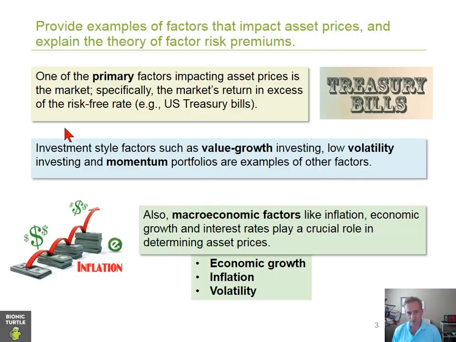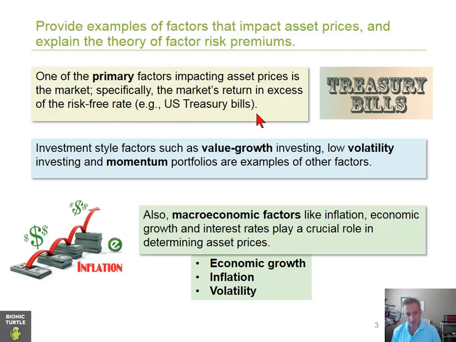Our first learning objective asks us to provide examples of factors that impact asset prices and explain the theory of factor risk premiums. He says that one of the primary factors is the market, specifically the market's return in excess of the risk-free rate. That's definitely familiar from the capital asset pricing model.